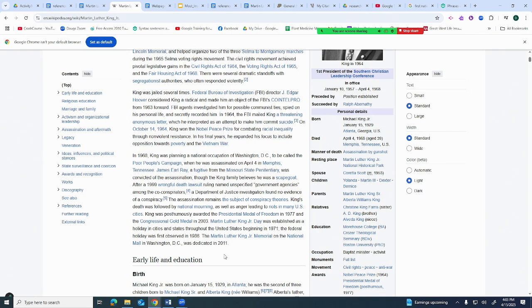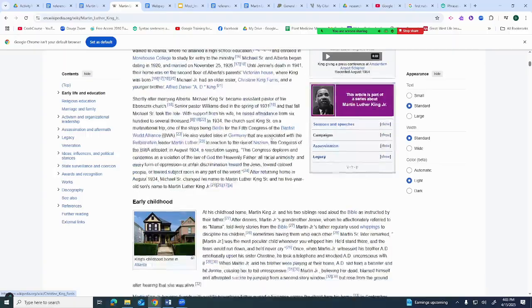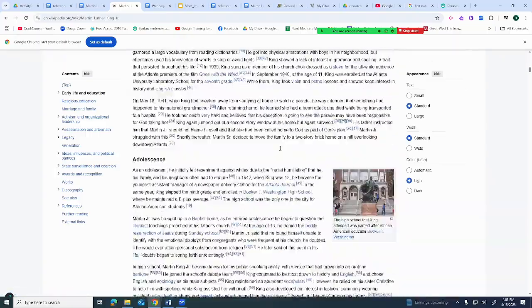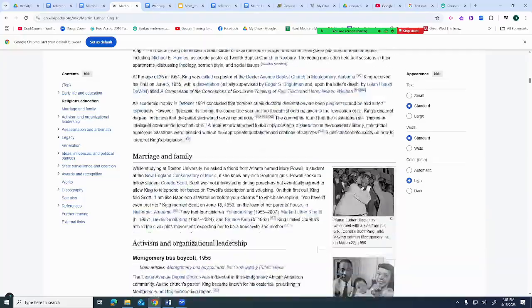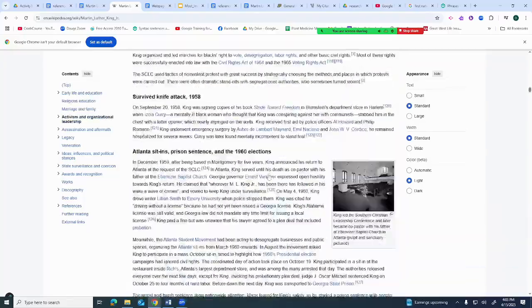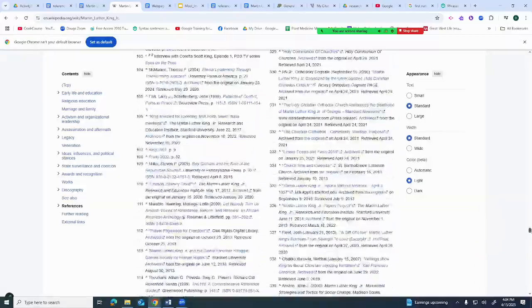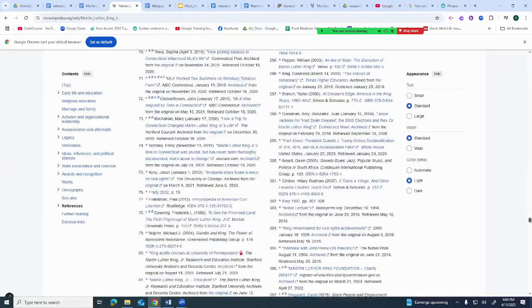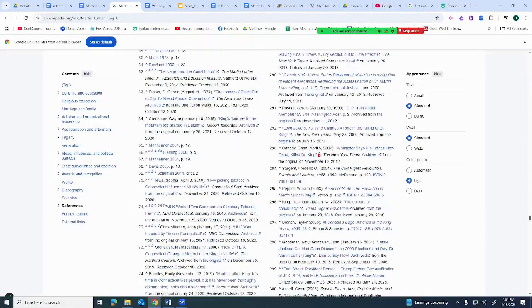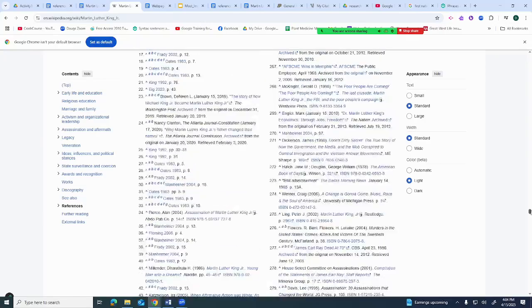But when we talk about lateral reading, what we do is we look for relationships between websites. All right, so I'm going to go right down to the very bottom of this article, and it's a huge article on Martin Luther King. And look down here, we have all of these sources that have been referred to in the article, right?